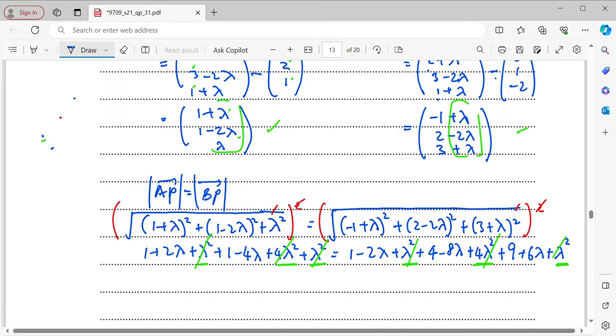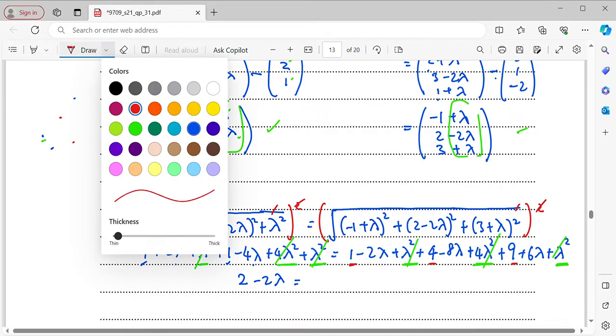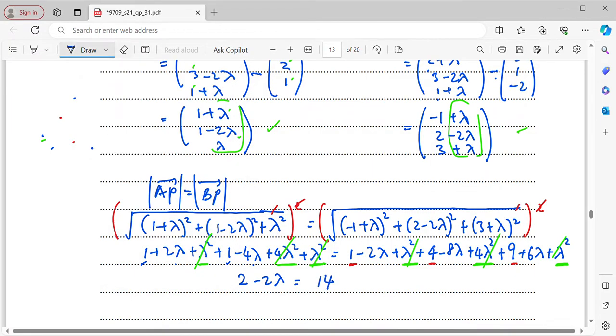So for the left hand side, here I will be getting 1 plus 1, which is 2. 2 lambda minus 4 lambda is minus 2 lambda. Then for the right hand side, I'll get 1 plus 4 plus 9, which means it's 14. And then I'm also getting minus 2 lambda minus 8 lambda, so minus 10 lambda. Then minus 10 lambda plus 6 lambda, it will be minus 4 lambda.